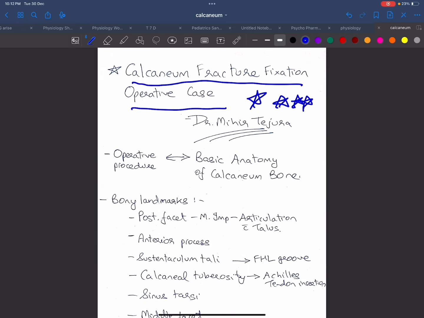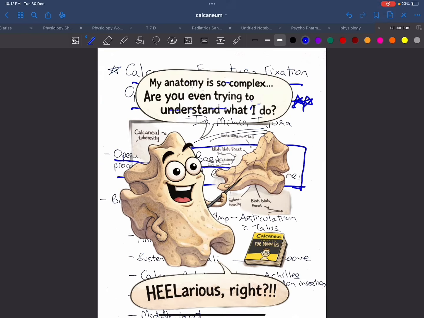Okay, so what is the operative procedure of calcaneum fracture fixation? Before operating a case of calcaneum fracture fixation, you should be very clear with the basic anatomy of the calcaneum bone. You need to take the calcaneum bone in your hand and understand the beautiful anatomy of the calcaneum bone.